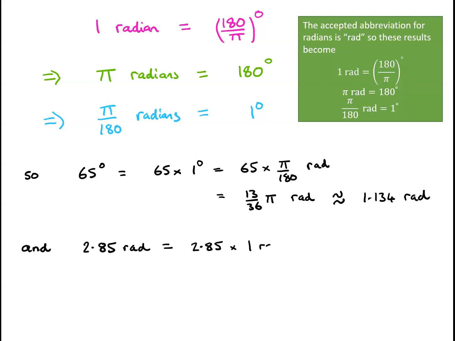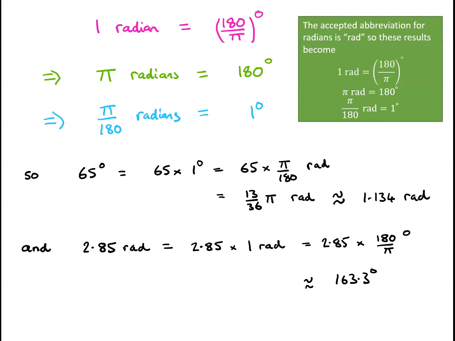Similarly, if we've got 2.85 radians as an angle, and we wish to find it in degrees, we can say that 2.85 radians is the same thing as 2.85 times 1 radian, so it's the same thing as 2.85 times 180 over pi, or approximately 163.3 degrees.